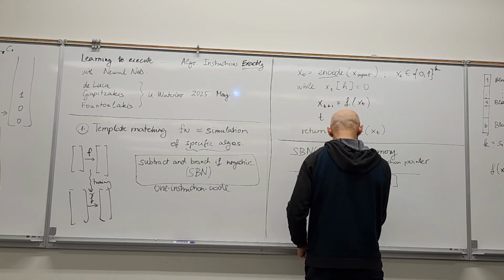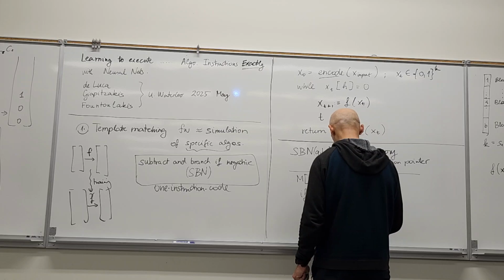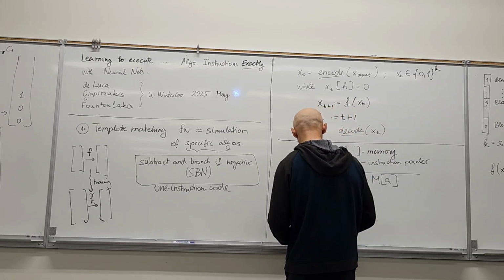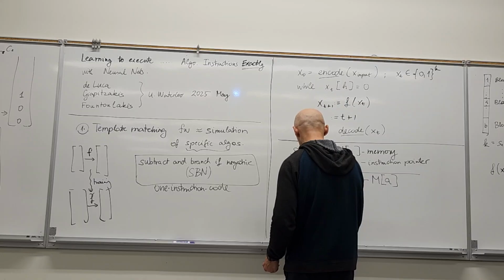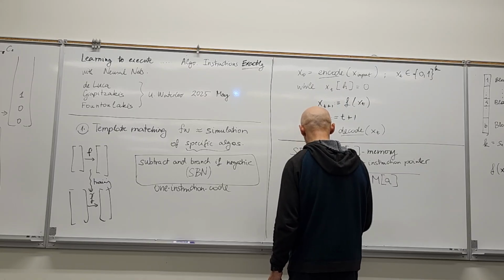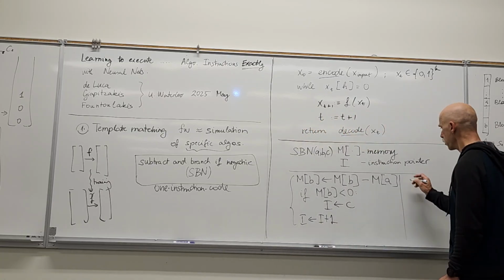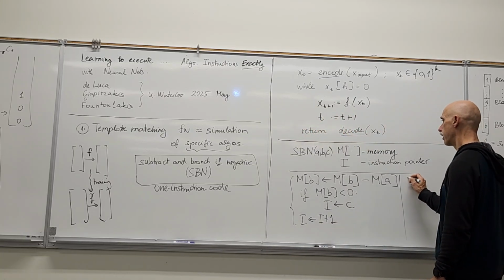No, it's set to C directly. And otherwise, nothing happens, and the instruction pointer is set to I+1. So the way the machine works is that you write down instructions.